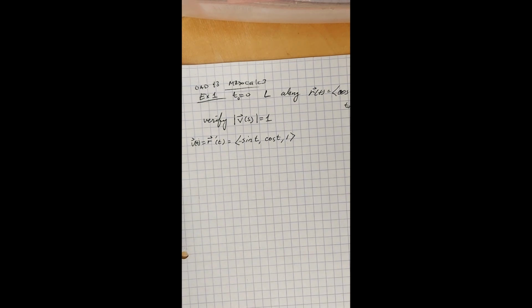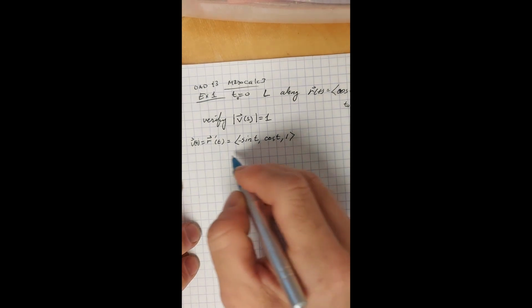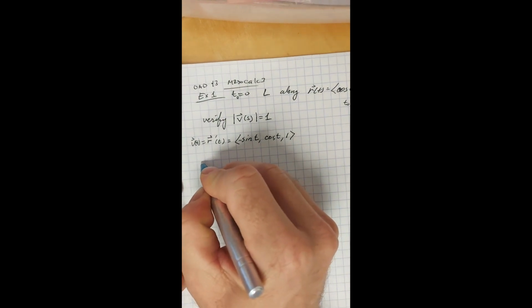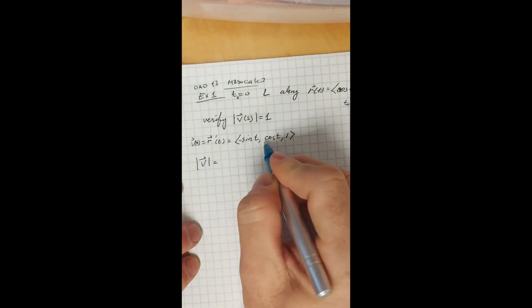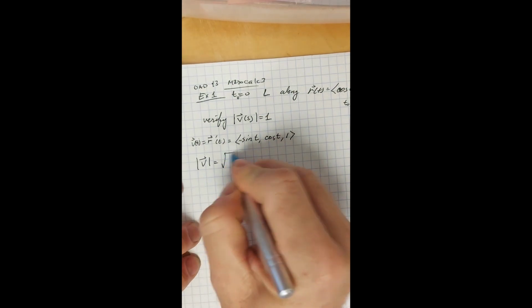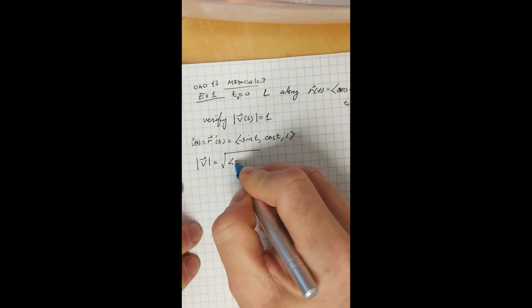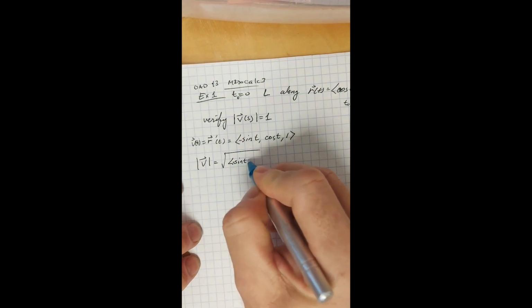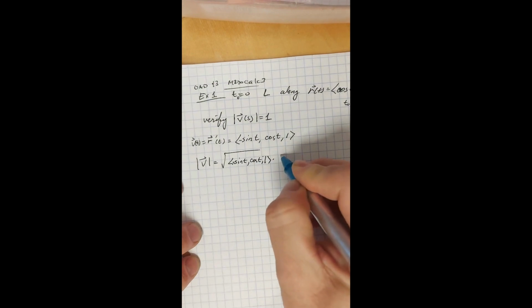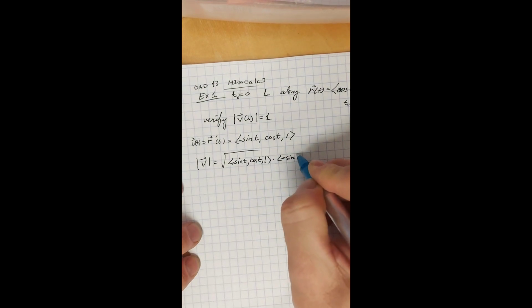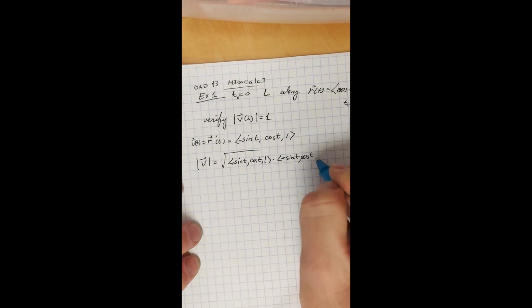Then what do we want to do? We find the arc length of this, so let's take the absolute value. The absolute value of v is the square root of this dotted with itself: negative sine t, cosine t, 1 dotted with negative sine t, cosine t, and 1.